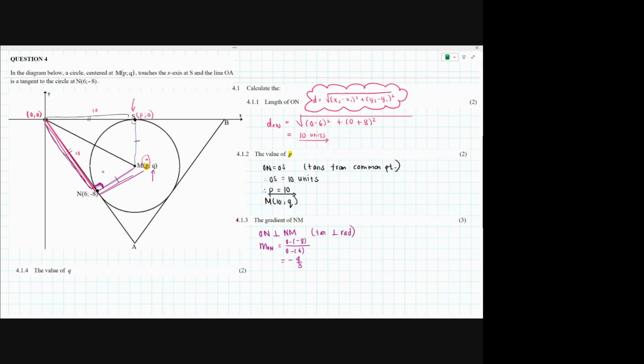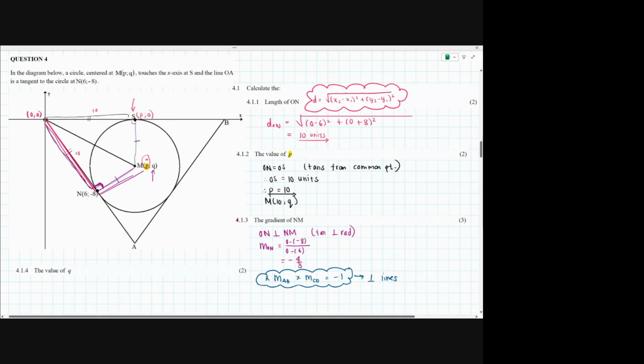Now remember the rule with perpendicular lines is that when you take the gradient of one line and you multiply it by the gradient of another line, you should get negative 1 as your product. That is for perpendicular lines.